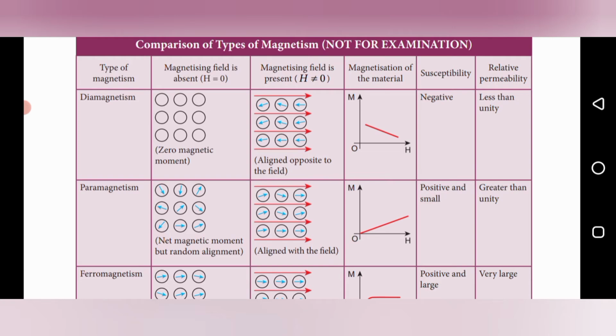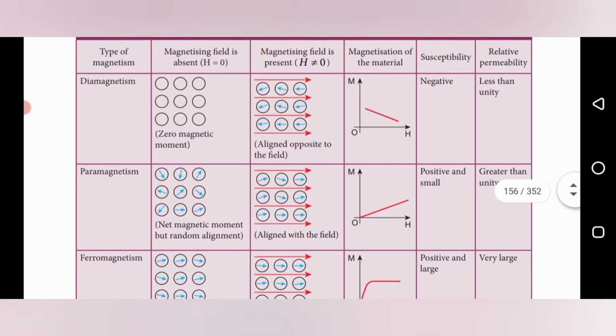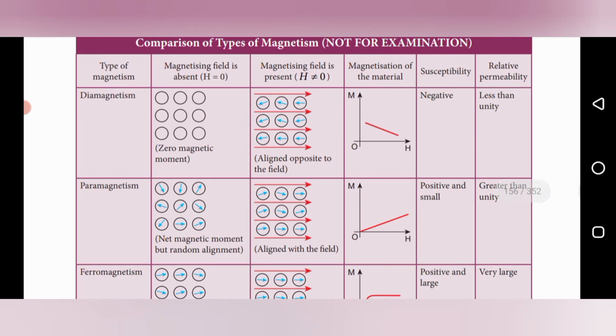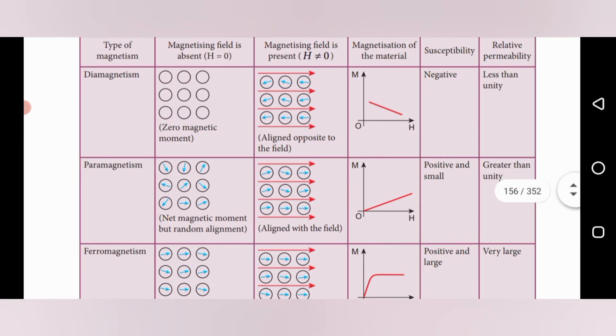First, diamagnetism. When the magnetizing field H is equal to 0, the electrons in the atoms are arranged so that there is zero magnetic moment. And when the magnetizing field increases, the moment is aligned opposite to that field.